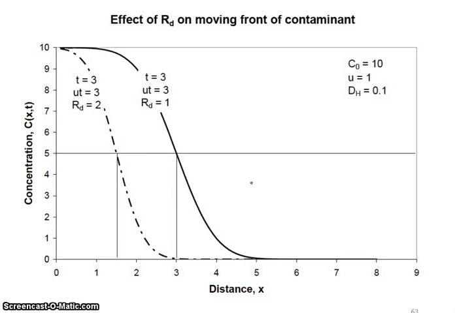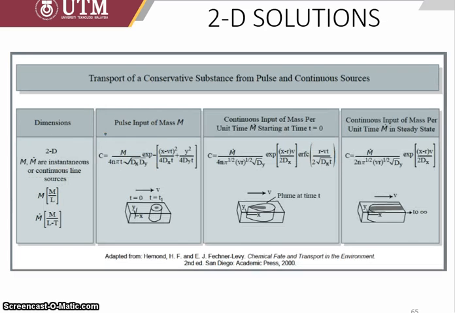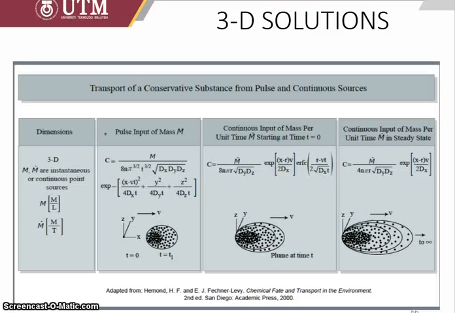You can see the effect of retardation: when it increases, the transport becomes slow. And 1D for others, 2D solution, 3D solution. That ends the contaminant transport chapter topic. Next we will discuss some of the exercises.